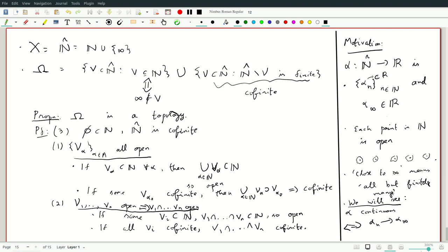You can think of the point infinity as actually the point 0. You basically take the reciprocals of the natural numbers, so the nth point becomes 1 over n, and then infinity becomes 0, and you can look at the distances there, for those who know metric spaces, and you will get this. You don't actually need abstract topological spaces for this, but this is a nice illustration of how convergence is included in continuity as well.